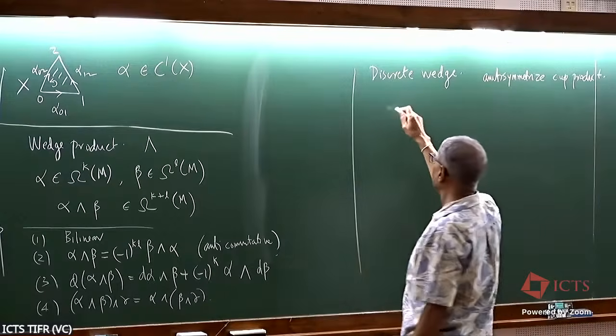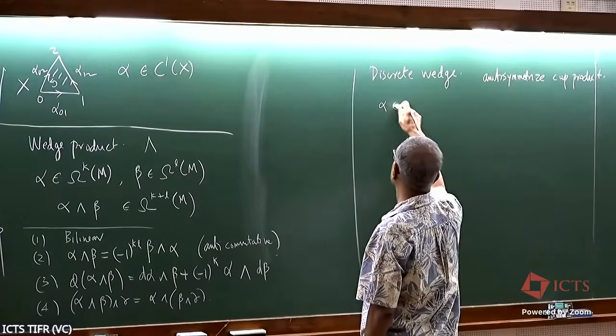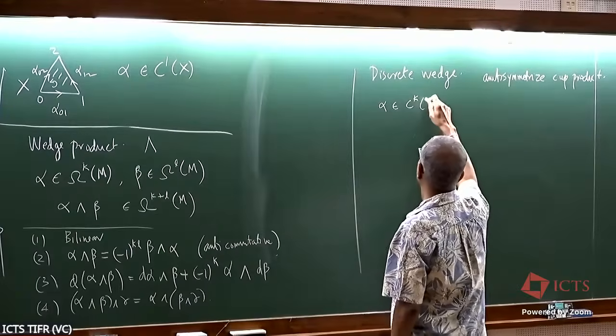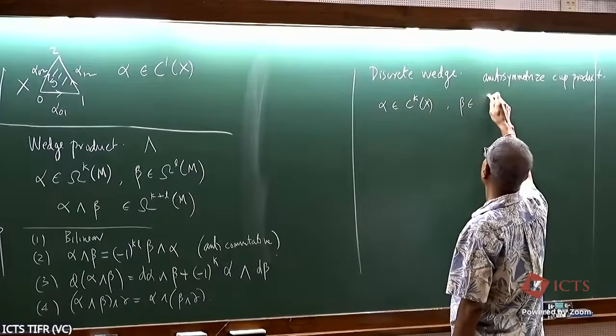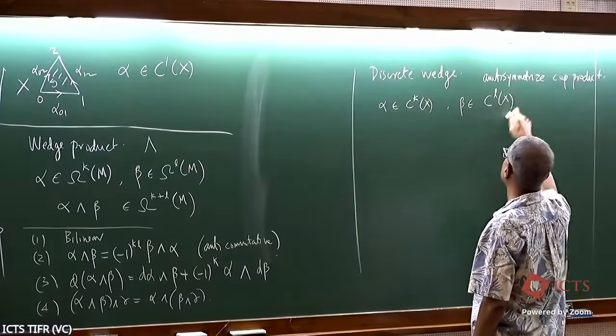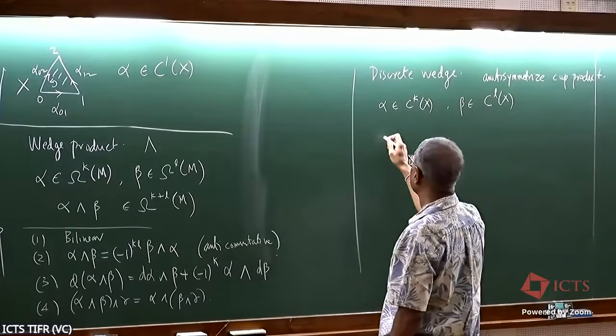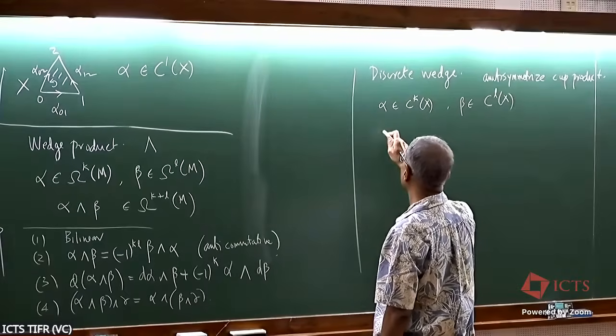So we'll be working with, let's say, alpha a K cochain and beta an L cochain. Okay, let me just quickly write it.